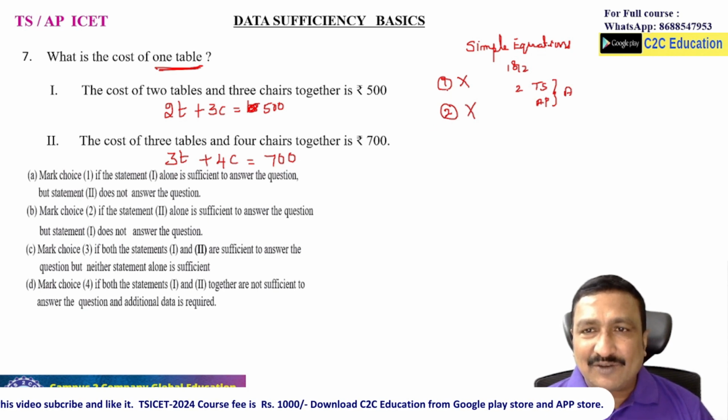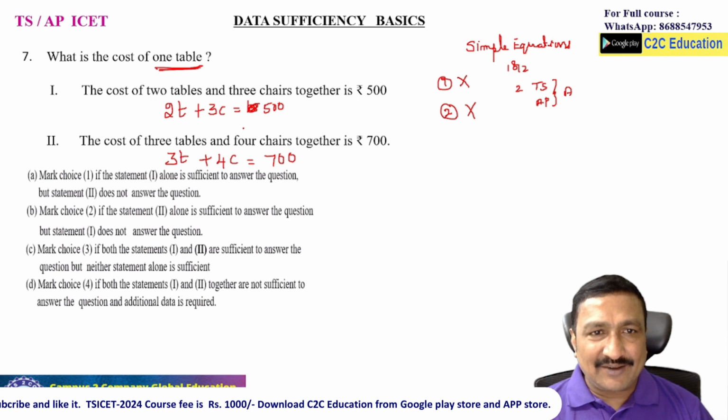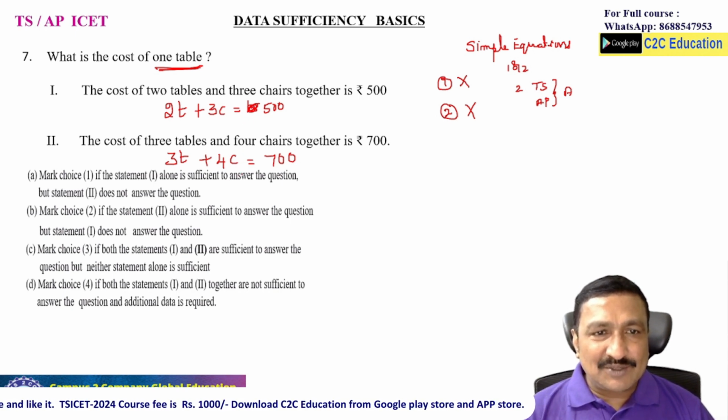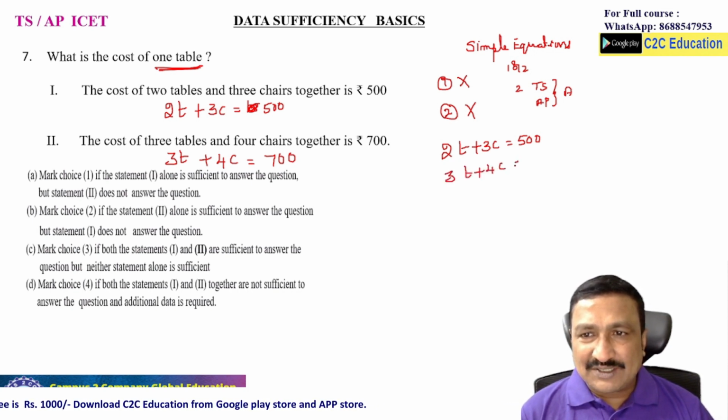When you are eliminating the first statement and second statement, then you have to combine first and second. So while you are combining, the first says that 2T plus 3C is equal to 500. And the second says that 3T plus 4C is equal to 700.